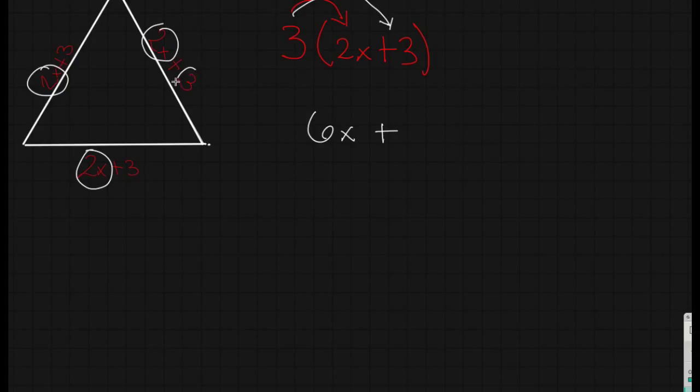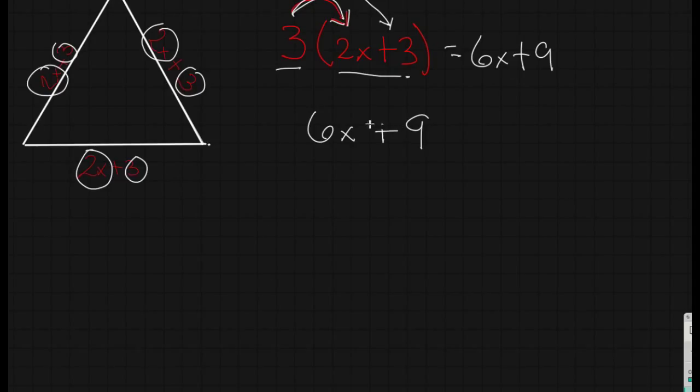You can see them right here: 1, 2, 3. 3 threes is 9. So what we can say is that 3 groups of 2x plus 3 equals 6x plus 9. We're just using the distributive property to write it in a different form.